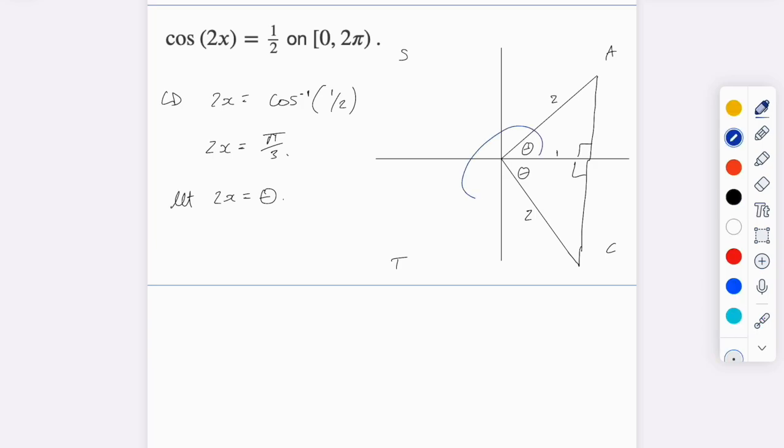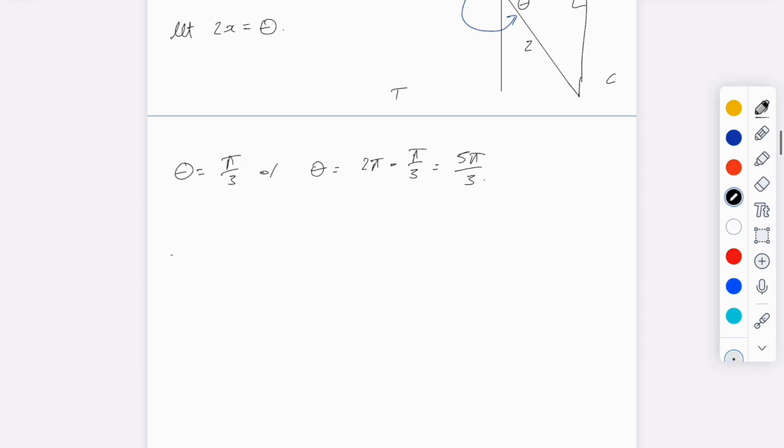And if we want to go around here, we need to get rid of this. So theta is going to equal pi over 3, or theta is going to equal 2 pi minus pi over 3, which is going to equal 5 pi over 3.